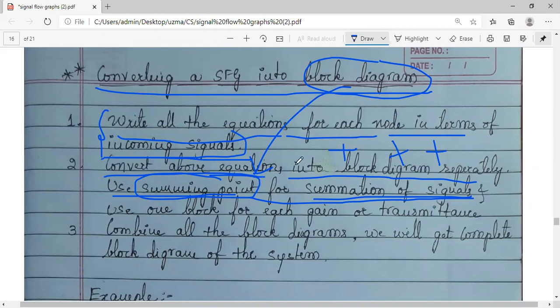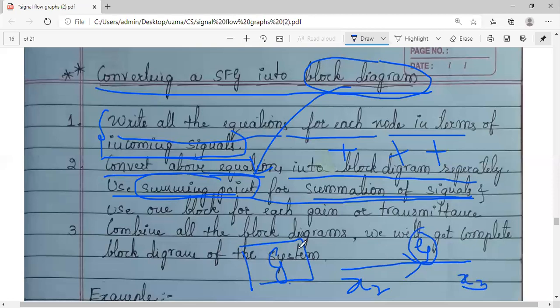Hence, if you come across equations which are actually a sum of some terms, you have to use a summing point there. And if a branch is there in between two nodes, say x2 and x3, and this is your G, wherever you come across these gain or transmittance terms, you have to use a block and write that value inside the block.